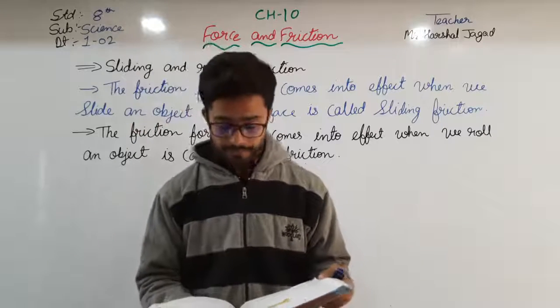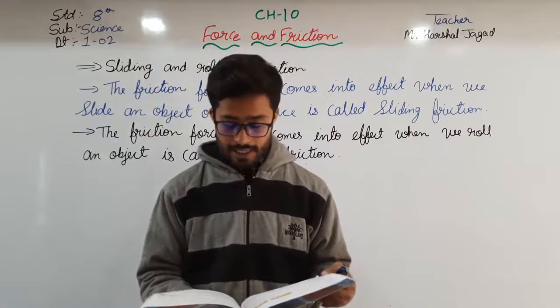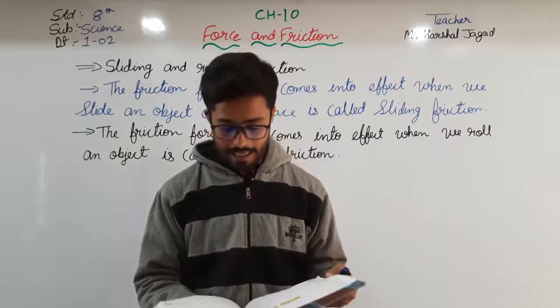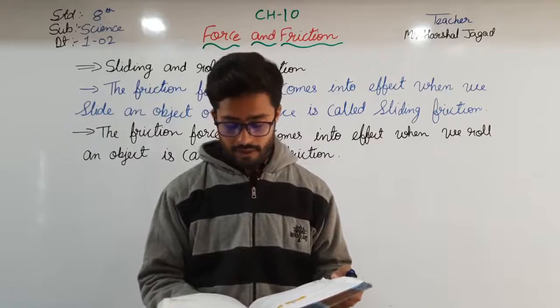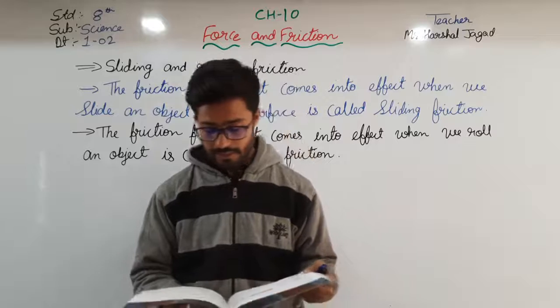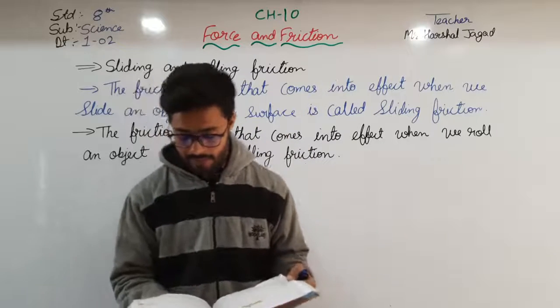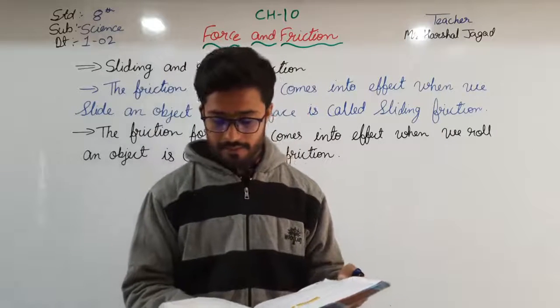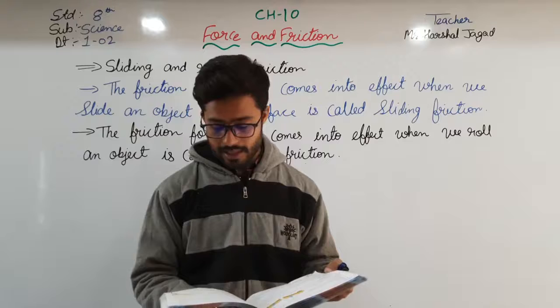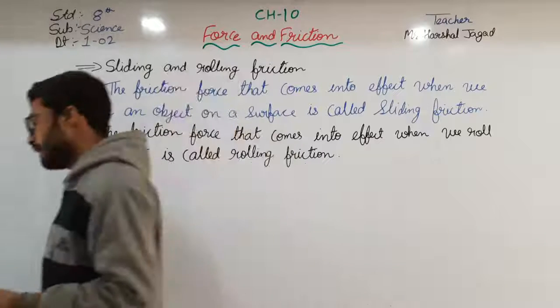Compare the two edges. You will find that the edge rubbed on sandpaper looks more worn out than the edge rubbed on the sheet of paper. Conclusion: this shows us that friction causes wear and tear, which is a disadvantage in most cases. It also shows us that greater friction causes a greater degree of wear and tear.